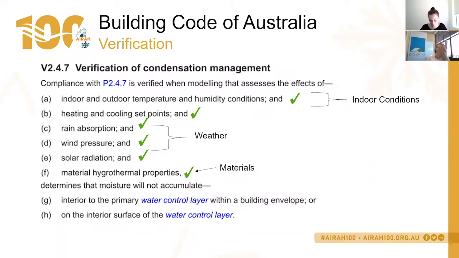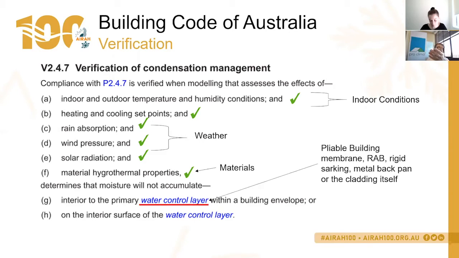You assess the indoor conditions, the weather and what's happening on the outside of the building, and the materials you use in the structure, correctly layered to get a good outcome and not trap moisture within the structure. And we look at that against the performance criteria, or the outcome, which is that moisture will not accumulate interior to the water control layer within the building envelope.